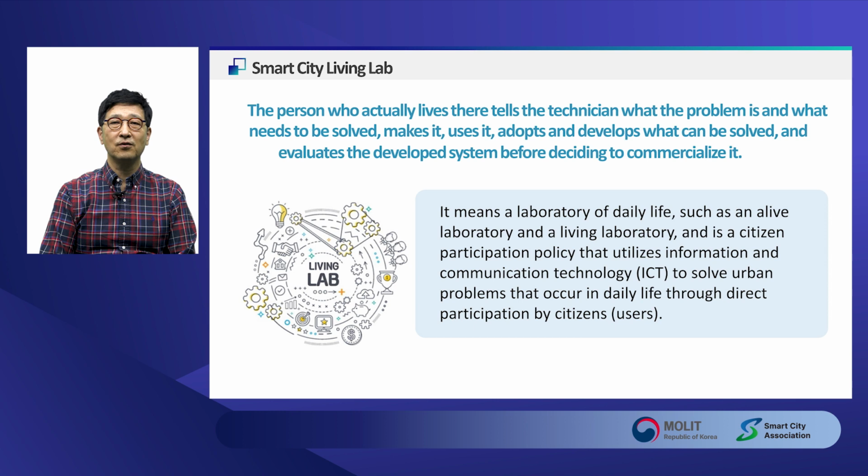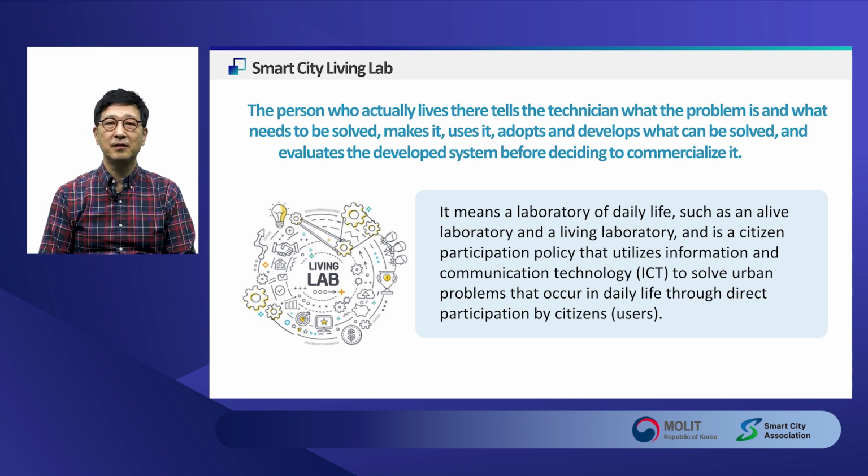Based on these experiences, smart cities are now a series of processes in which the people who live there tell the technician what the problem is and what needs to be solved, make and use it, adapt and develop the effect that has been verified, and evaluate and commercialize the developed system. The methodology, in other words, the living lab, which can be called a living laboratory, appeared.